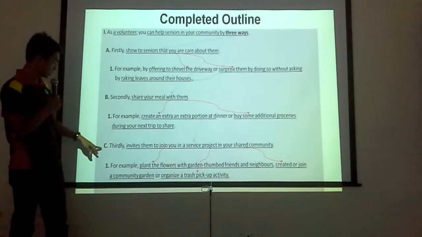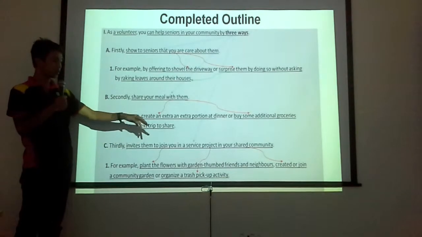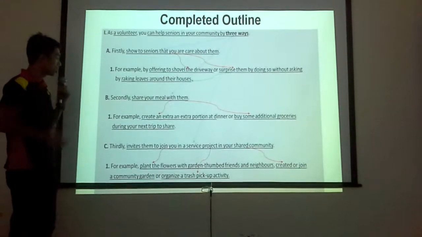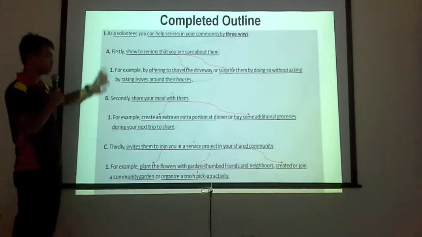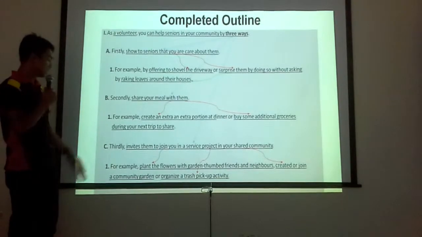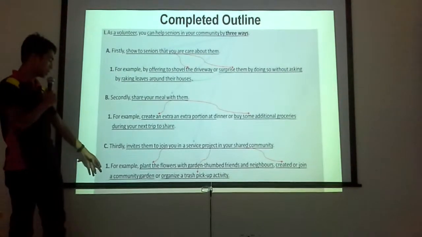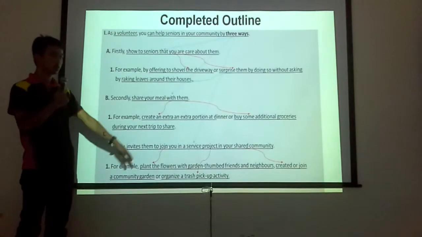For the third supporting point, invite them to join you in a service project in your community. As I told you previously for my first and second supporting points, the third supporting point is also the same.